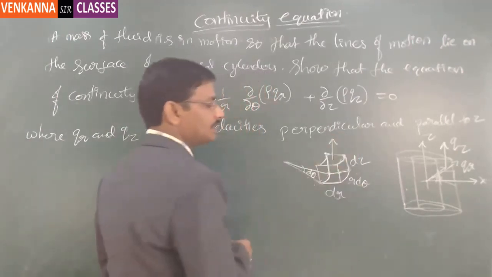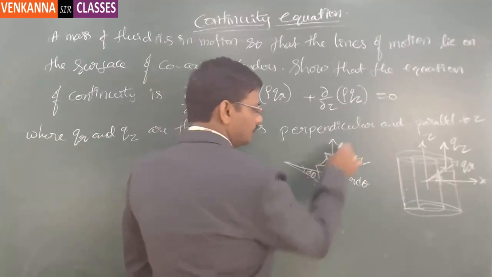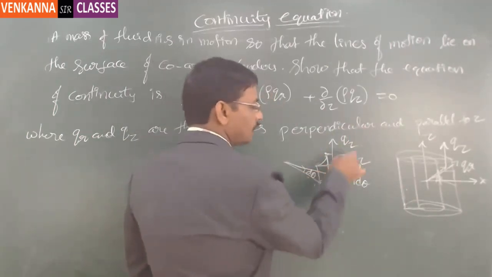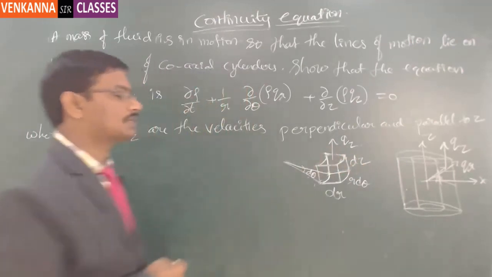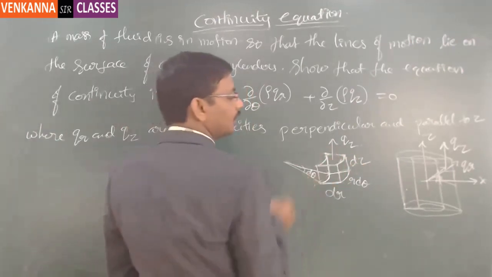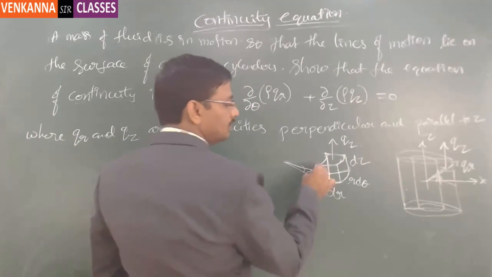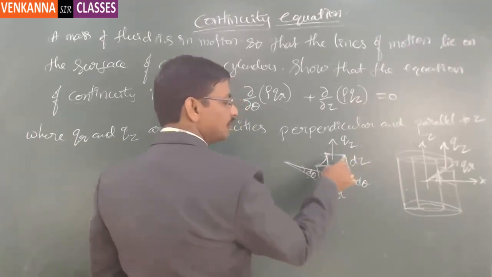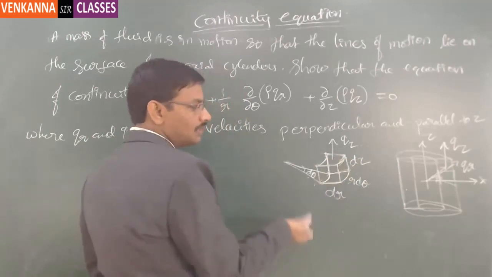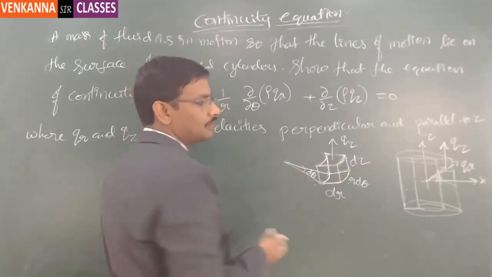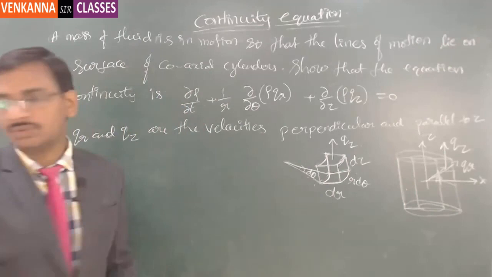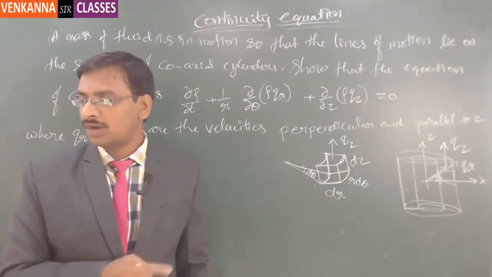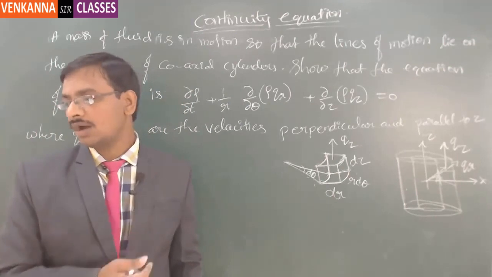If this is the direction of the flow, then this velocity is qz, and this is the area of cross section, which is the top area of cross section. If you want to identify it from the elemental volume, this length dr multiplied by r d theta is the area. So with that area, with a velocity of qz, the water is flowing out. Correct or not? The water is flowing out across the surface, dr times r d theta.